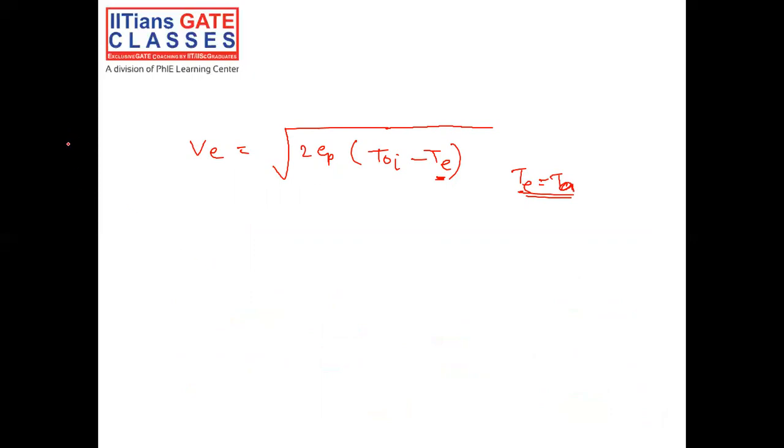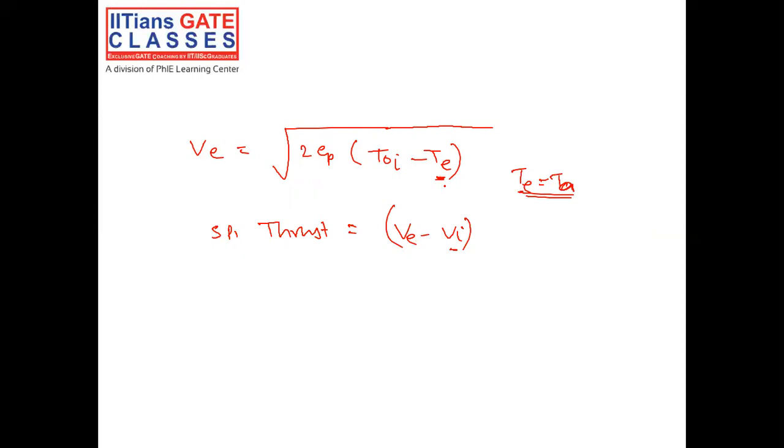So the equation of specific thrust which we got is Ve minus Vi. As the flight velocity is constant, Vi is constant, and Ve depends on this Te, which is the ambient temperature.